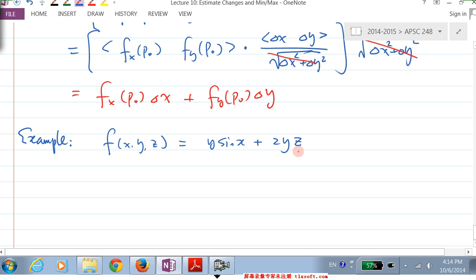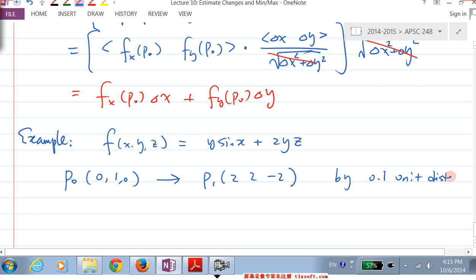We have an initial point P naught (0, 1, 0), and going to the next point (2, 2, negative 2). So you're moving from P naught to P1 by how much? By a distance of 0.1 unit.